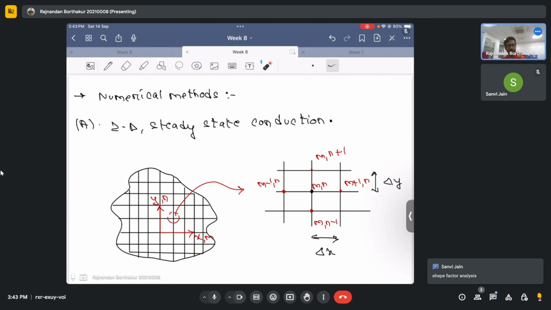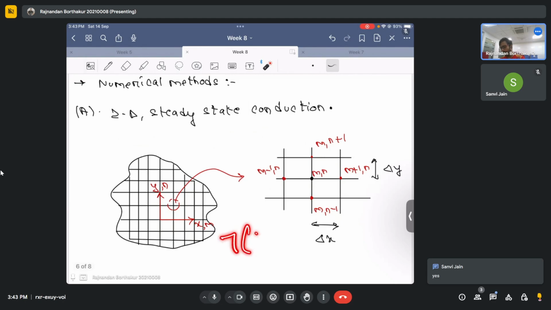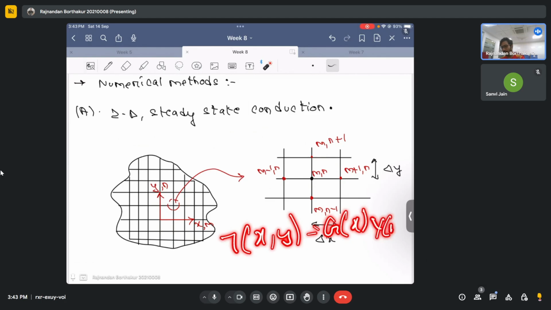Yes, we used shape factor analysis. True. Shape factor analysis, I would say, is a special case of this 2D heat transfer. But the most general case that we discussed was the method of separation of variables. Do you recollect? Yes, exactly. We assumed that my temperature profile will be some function of x times some function of y.